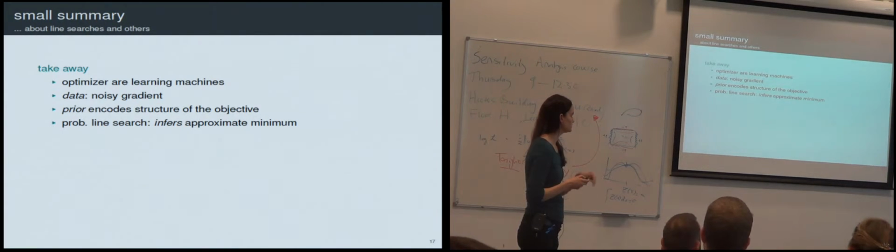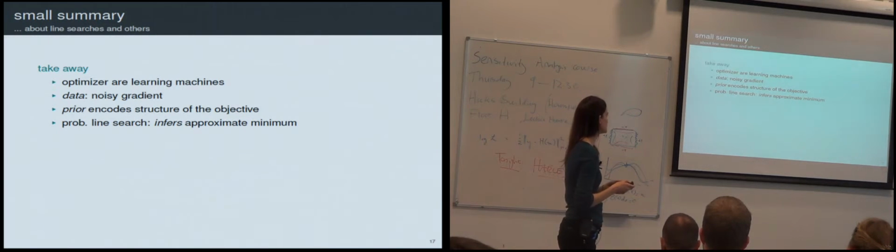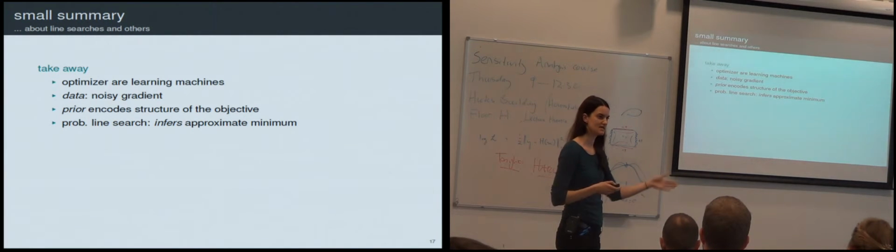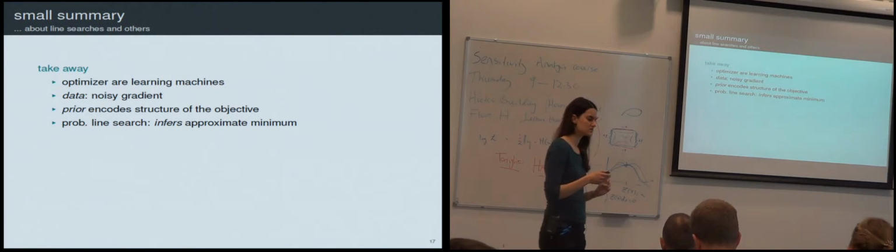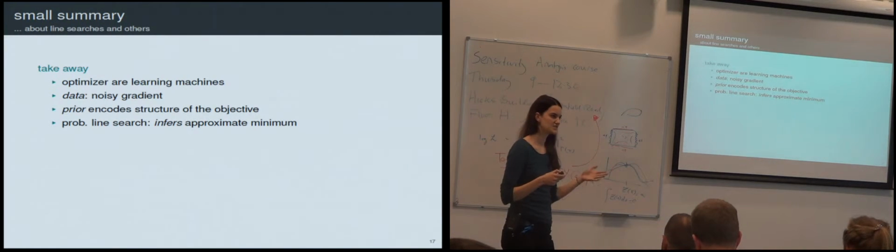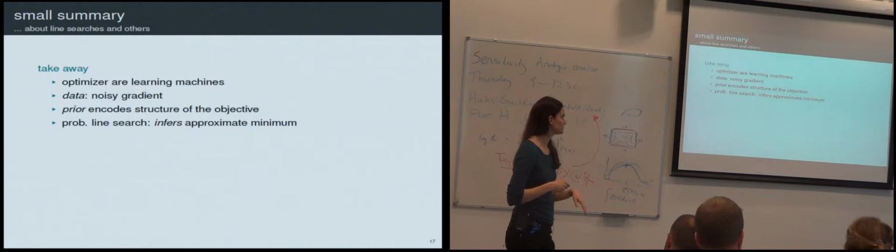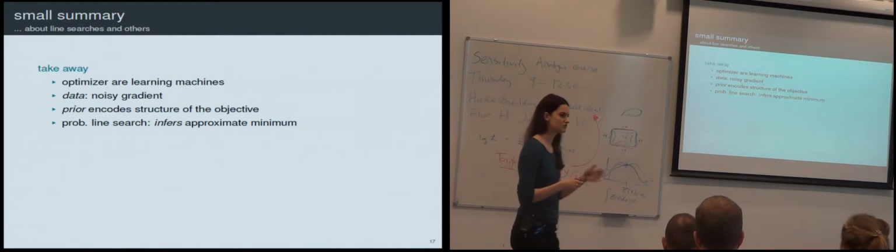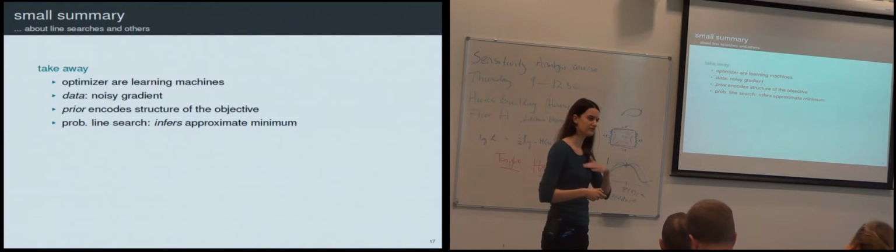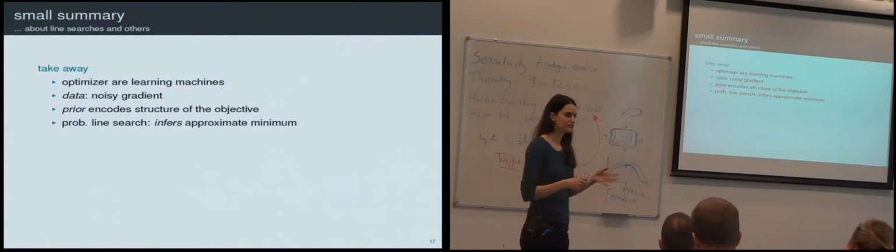Okay, so I hope this came across a bit, that optimizers actually learn quite a bit inside. They can learn the step size. The data they take in their likelihood is in the end the gradients or the function values that are noisy. And the prior that you use tries to encode the structure of the objective, and you learn its hyperparameters on the fly. Then it can infer many things.